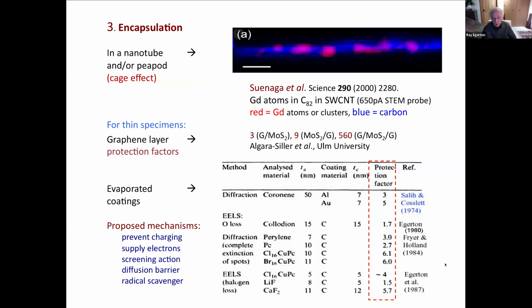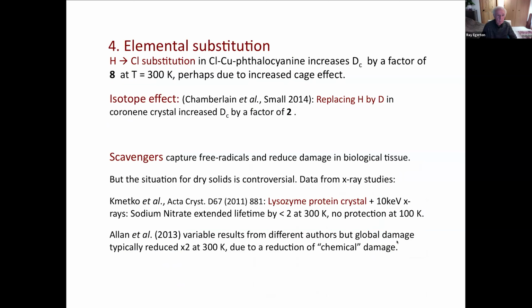And earlier work over many years has shown that if you use evaporated coatings, which can be carbon or metal, that prevents or reduces the amount of damage, either mass loss or crystallographic damage by an appreciable factor. Of course, it also may reduce the contrast, so that is reducing the dose-limited resolution, and that has to be taken into account as well.